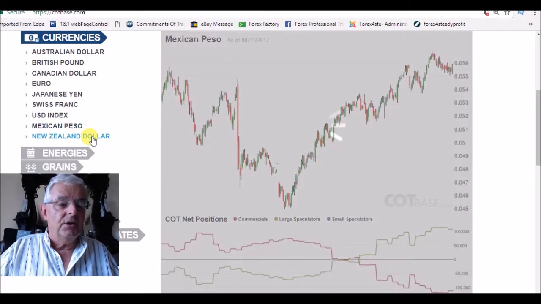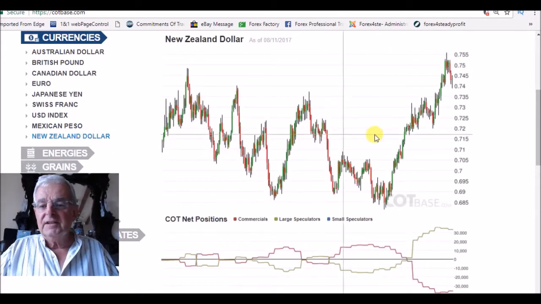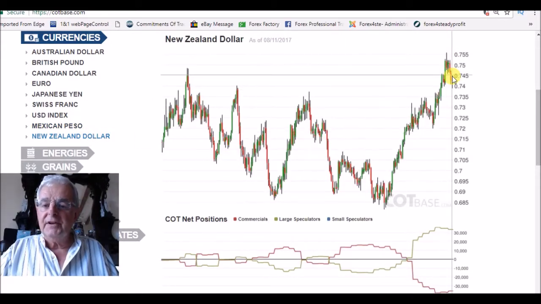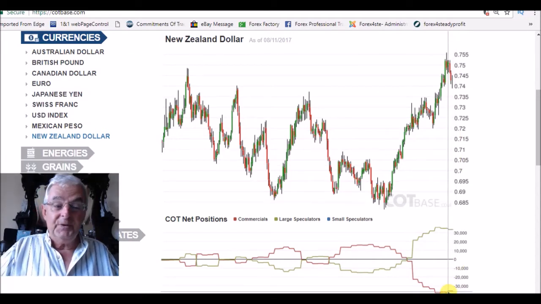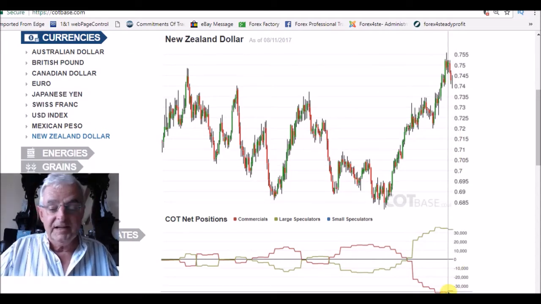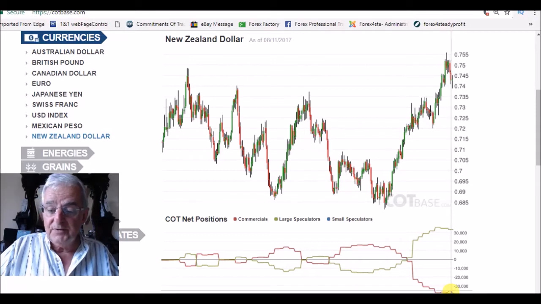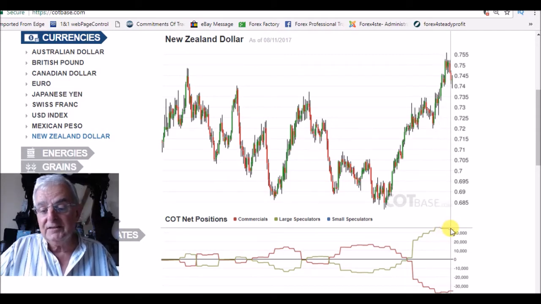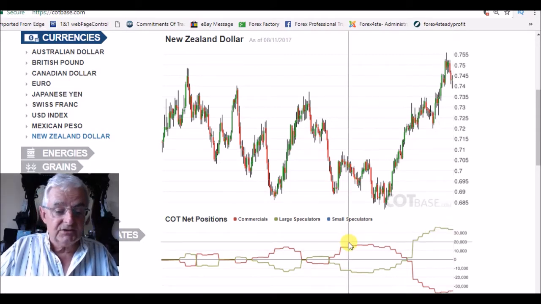New Zealand dollar, we've come off the highs. Everybody I know has had a good week or two on this. We're still at a bearish extreme for the New Zealand dollar. The speculators have come off their bullish extreme.